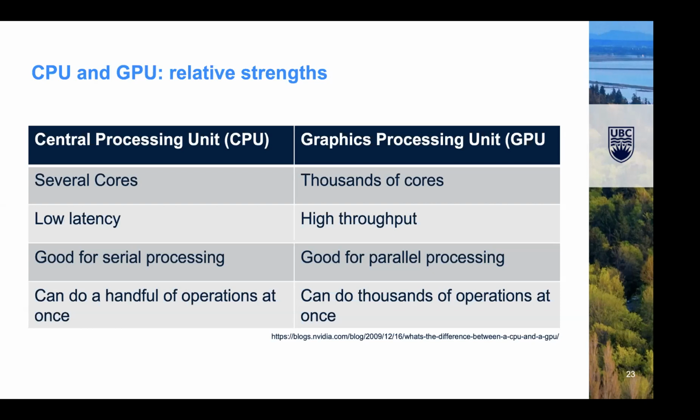A GPU has, as I mentioned, hundreds of thousands of cores. They're really designed for high throughput and mostly independent parallel processing, working on breaking something down and working on many, many pieces of that whole with the same set of instructions.